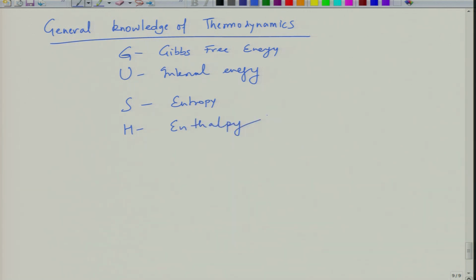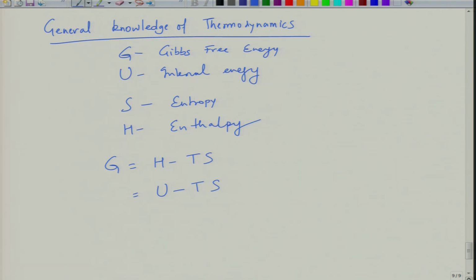These are certain thermodynamic parameters, and we all know that G is equal to H minus TS, or an alternative form, if it is a constant volume process, is U minus TS, depending upon whether you are looking at constant pressure or constant volume.